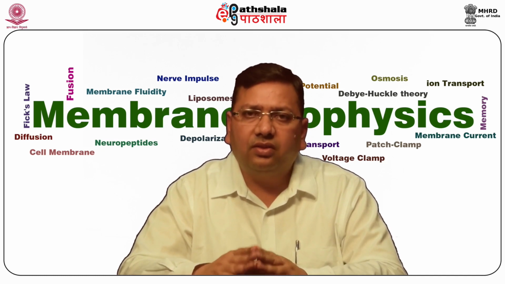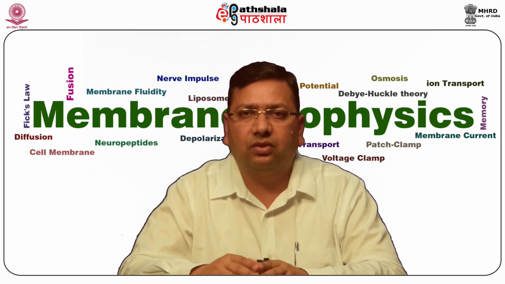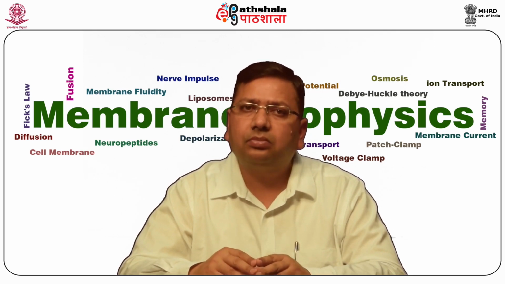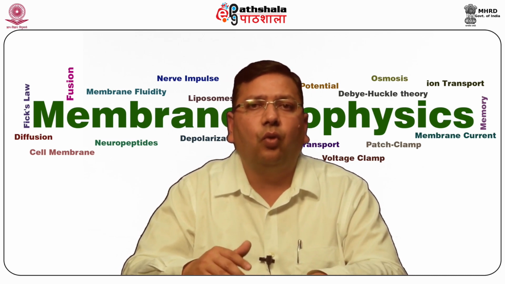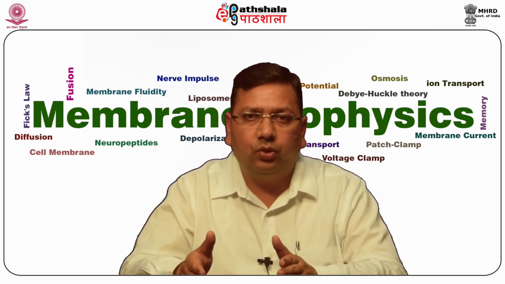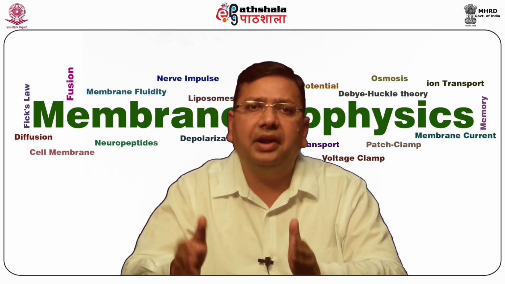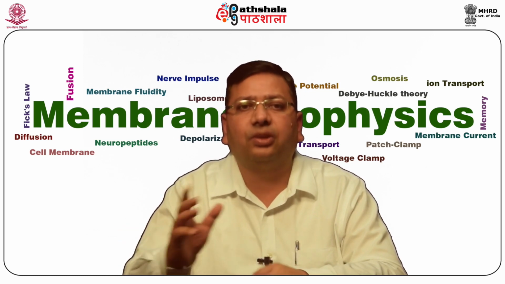However, this model of cell membrane had several demerits. For example, there was no explanation for the movement of water and other hydrophilic substances across cell boundaries, and no idea related to energy-dependent selective transport system.